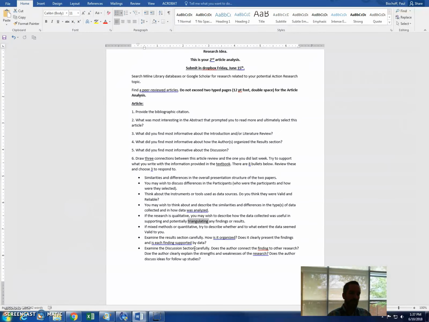And they could say, well, it was supported, but let's be cautious in how we interpret it, or before we go applying this pedagogy in the classroom, let's be cautious about this or that. In a discussion section, sometimes authors refer back to previous research, and they try to draw some connections between what they found in their research and what others have found in earlier research.